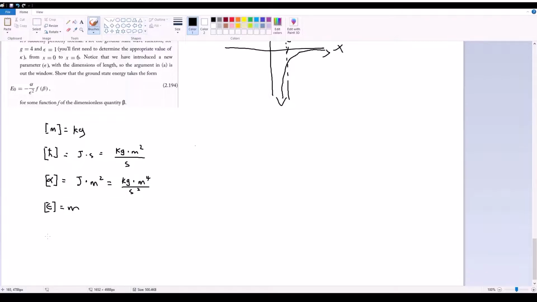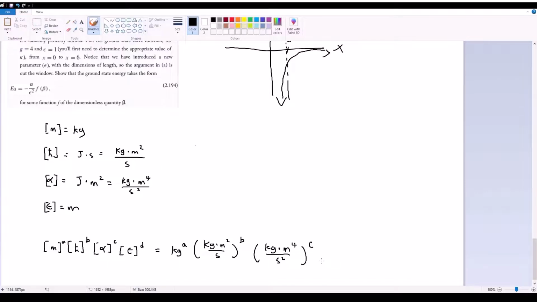So the energy is going to consist of some combination of these four variables, aka some combination of m to the power of A times h bar to the power of B times alpha to the power of C times epsilon to the power of D. If we write this out fully, this is kilograms to the power of A times kilograms times meters squared over seconds to the power of B times kilograms times meters to the fourth over seconds squared to the power of C times meters to the power of D.